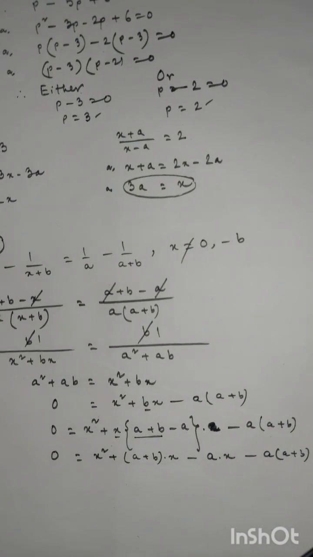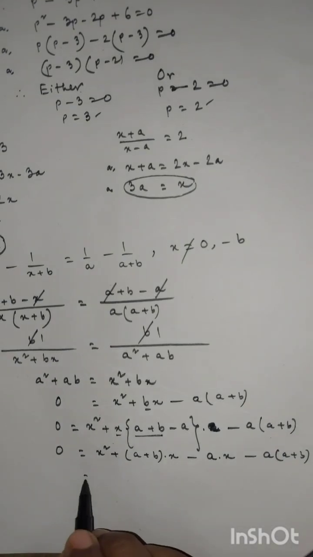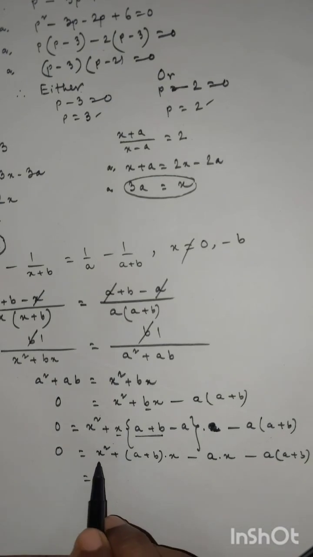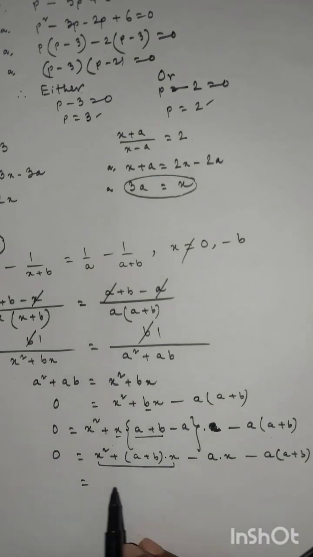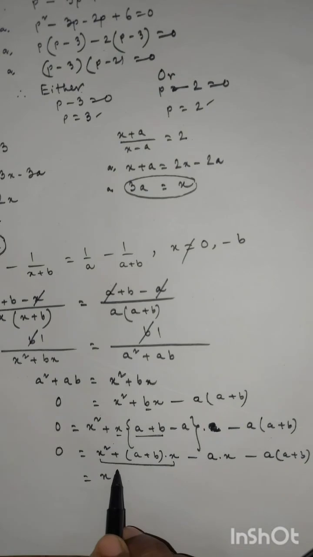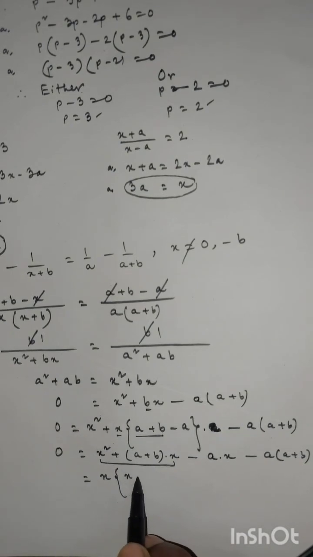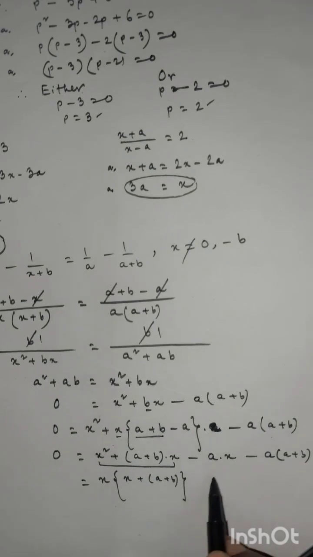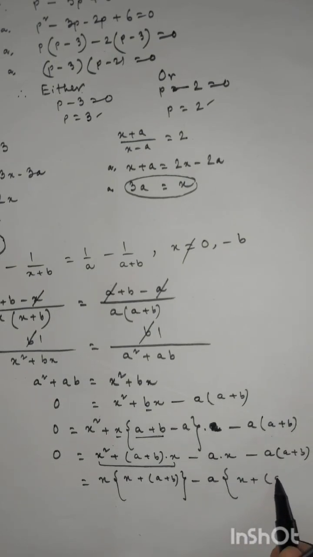Okay, now from these two quantities if we take x common, we have x plus a plus b, and from these two quantities if we take minus a common, we have x plus a plus b.